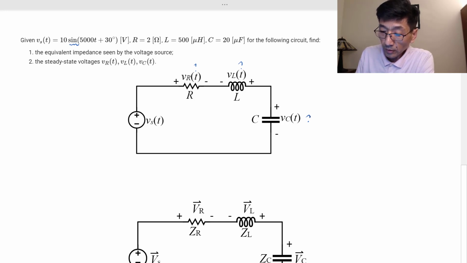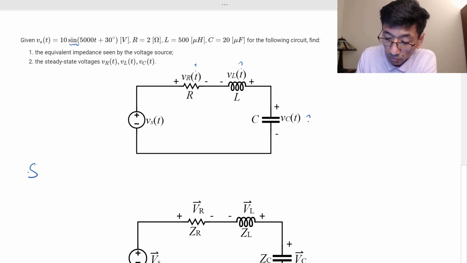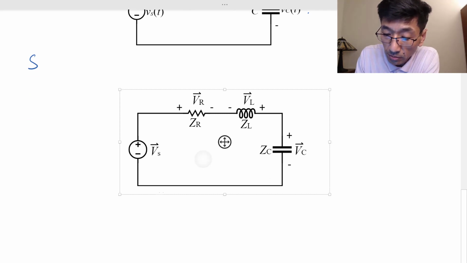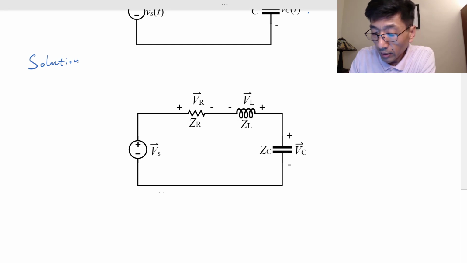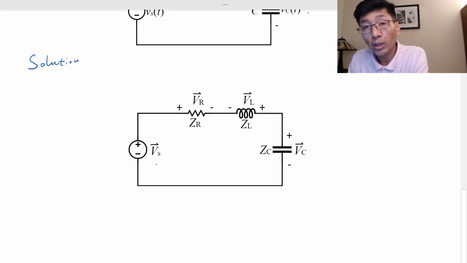So the solution: we first convert the circuit into phasors. We transform the sinusoidal voltage source into a phasor, and we also need to find the impedances.